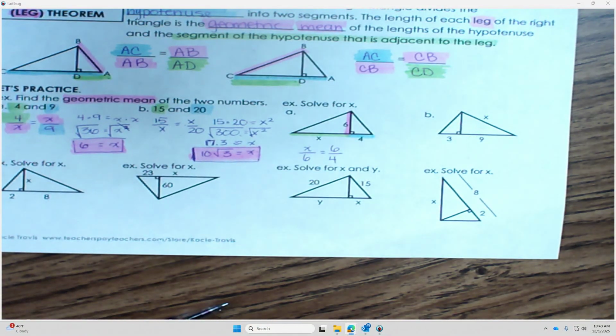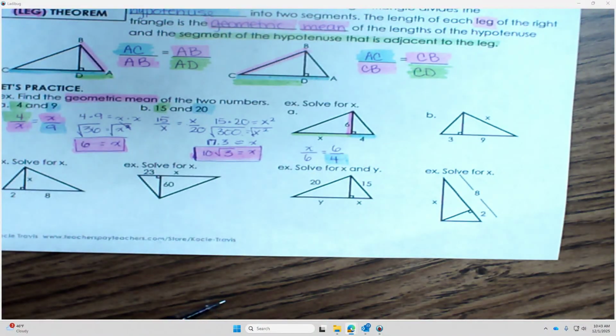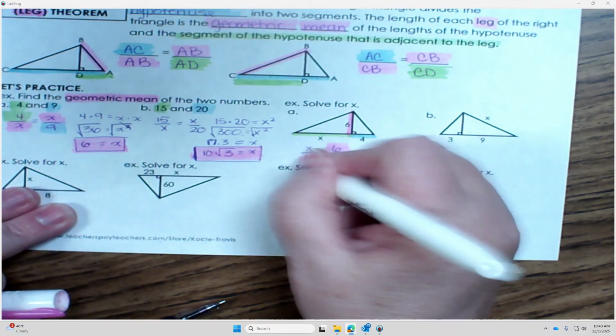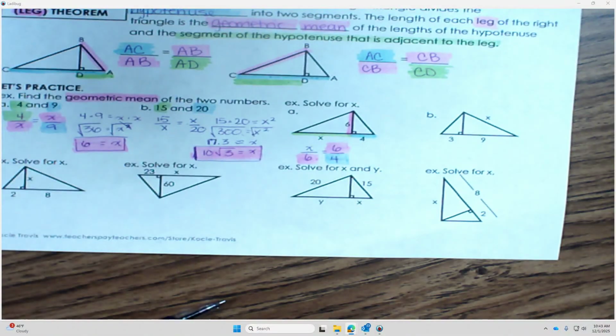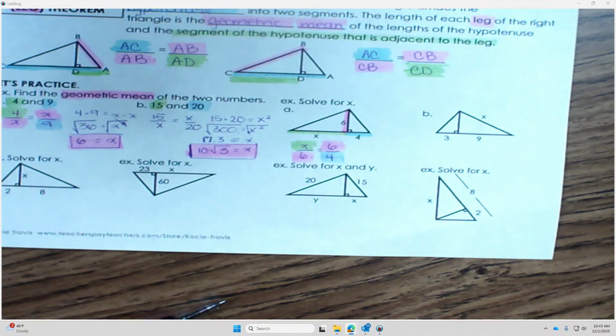And I can color code that once again so that when I'm looking back at my notes, I can see where everything comes from. I don't have to guess and get frustrated. Okay, so really using the colors is going to be hugely helpful to you. So we're going to take our x over 6 equals 6 over 4 to the back and solve. Okay, so let's go ahead, come over to the back.